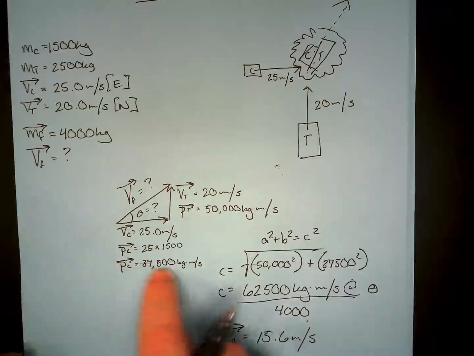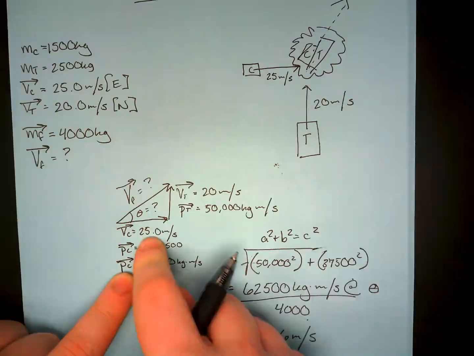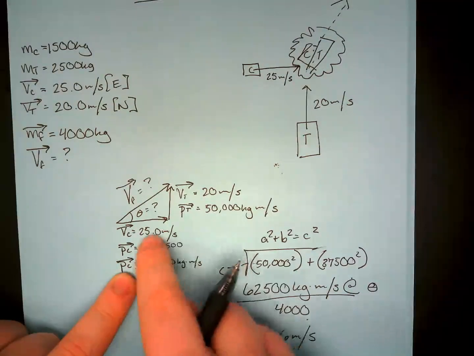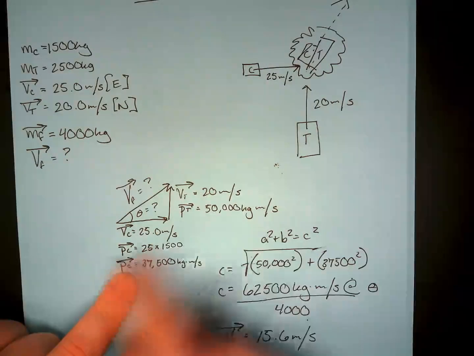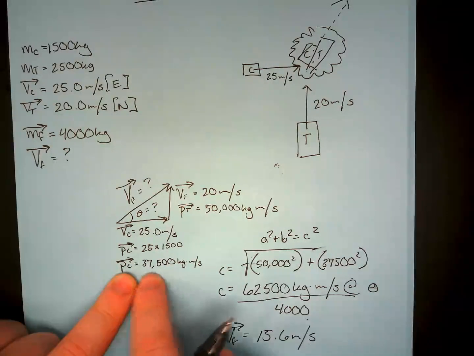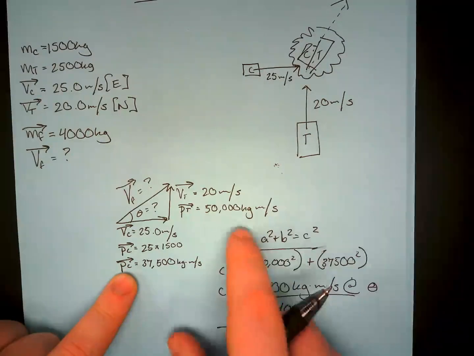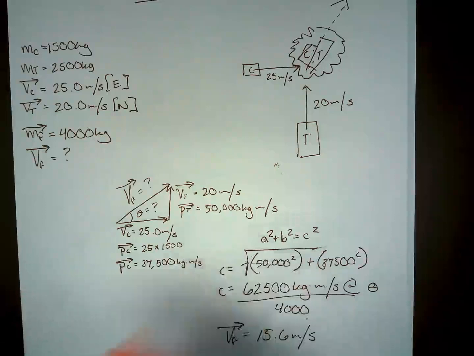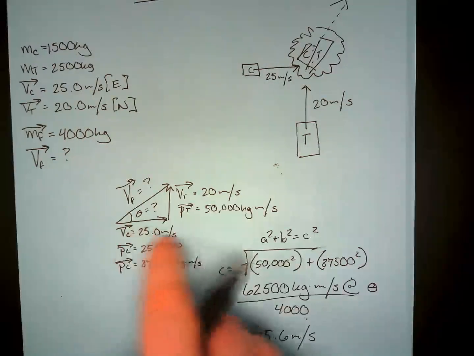For theta, we can't use the velocities here, as great as that would be. We still have to account for the masses of each of them because they're different and they're moving at different rates. So we've got to use the units and measurements that take into account both velocity and mass, which is momentum. We only have these two.